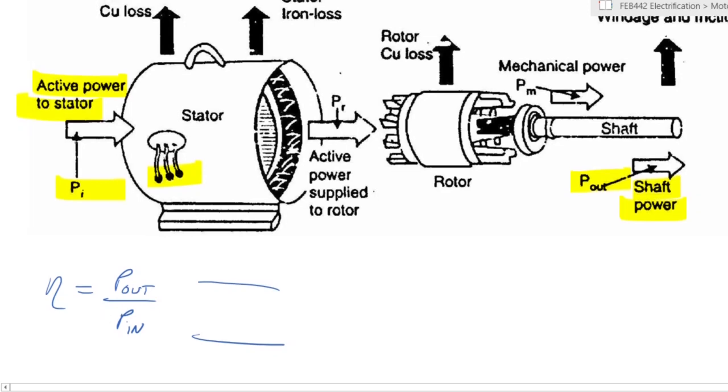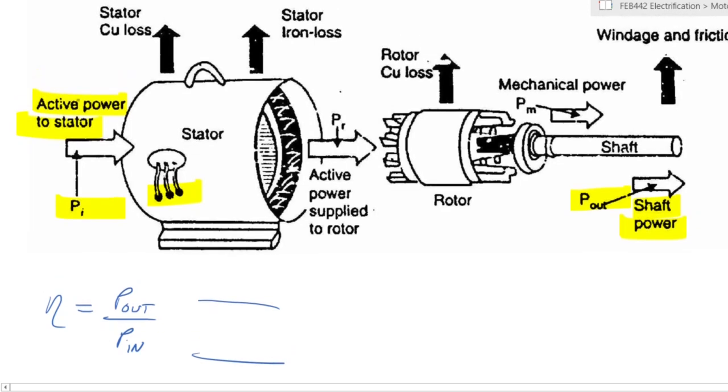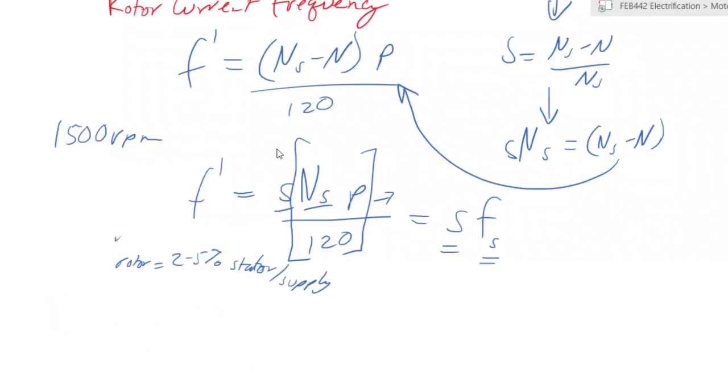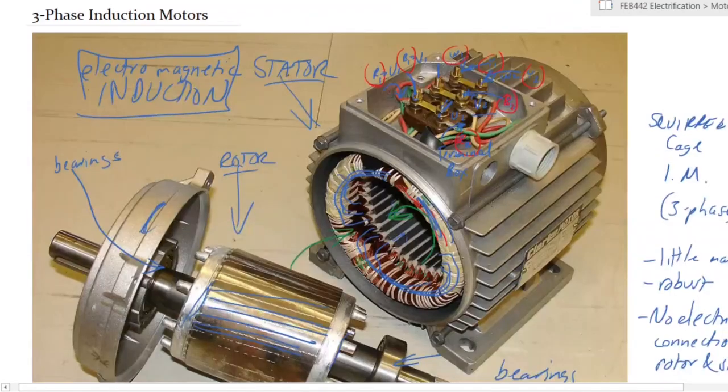And the first thing that happens is that you have electrical power moving within the stator windings themselves, the copper windings that we saw here. So there's an electrical current flowing through those windings.